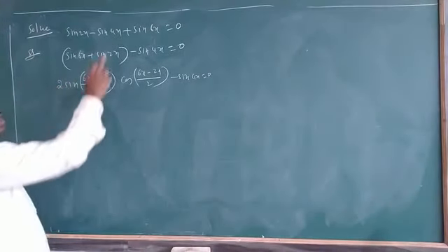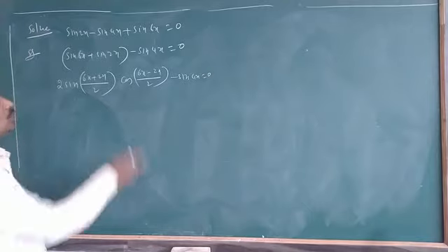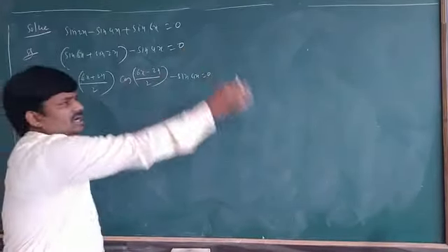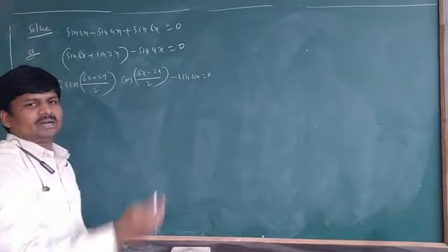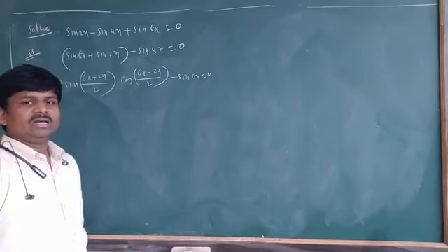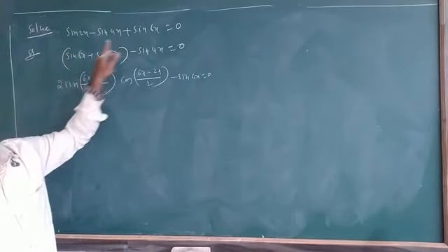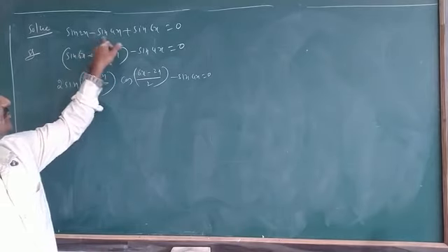To solve this, first I simplify. These equations you have to convert into the forms in the list of trigonometric equations I gave; then only you can write the general solutions. First I kept sin 2x and sin 6x in one bracket, minus sin 4x.